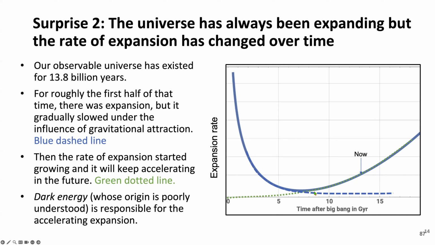So the gravitational slowing is still there. It's just not important anymore. And we now are on an upward trajectory of expansion rate. And this, we think, will continue for the rest of the history of the universe, that the expansion rate will continue to grow. And that has some consequences for how the universe is going to evolve.